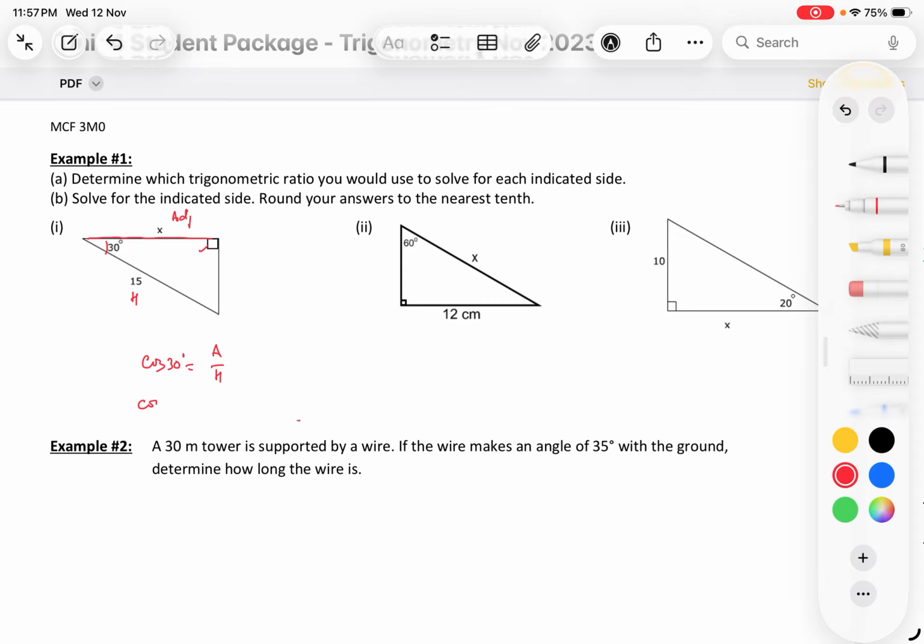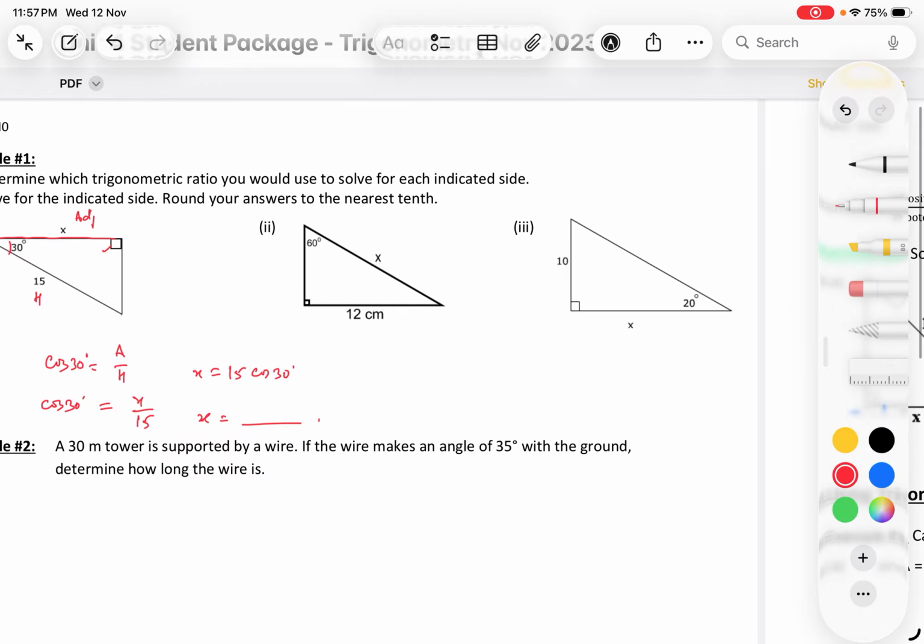So cos 30 degrees is equal to x over h, that is 15. So what will x be equal to? X will equal 15 times cos 30 degrees. You can use your calculator to simplify further. In question number 2, this is opposite to 60 degrees, so it is opposite, and this is hypotenuse.